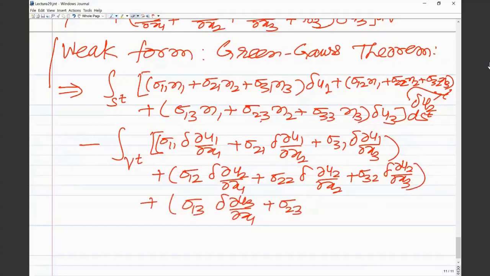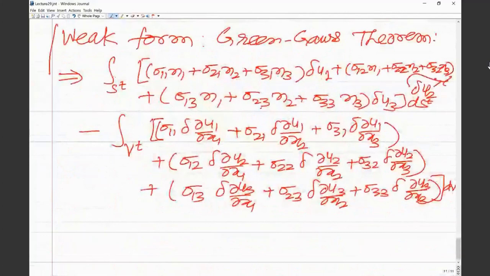The delta is a variational operator, as you know, denoting the virtual displacement. Plus sigma 3,3 into delta of del U3 upon del x3 into dVt.